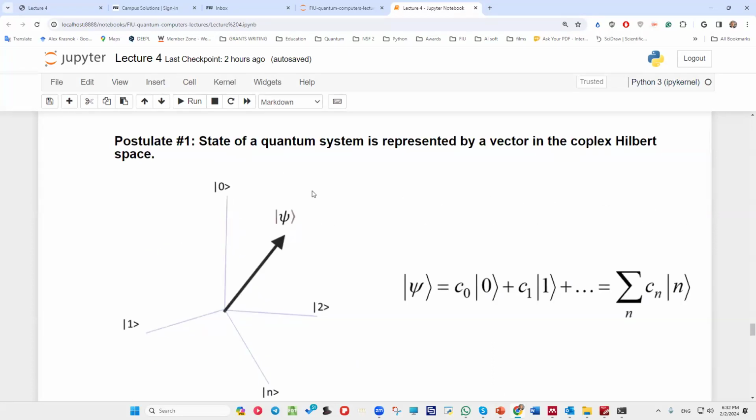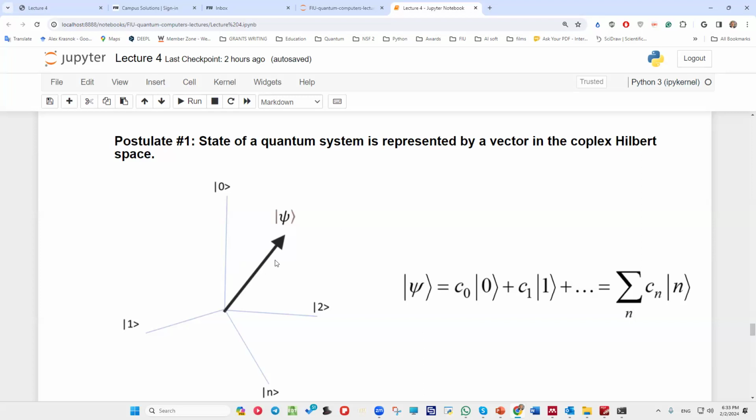For example, if I describe a qubit, which is a system of two eigenstates, this psi vector will be represented by these two combinations, C0|0> and C1|1>, right? However, of course, a real system is described by much larger Hilbert spaces of larger dimensions. But still, the state is represented by a vector.